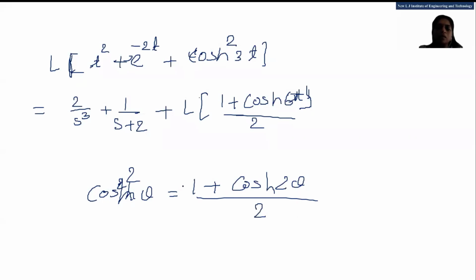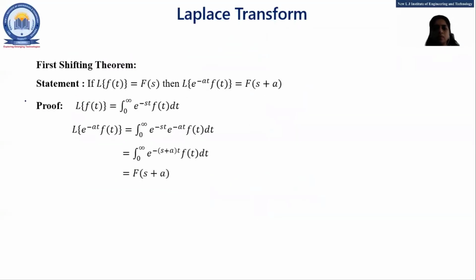Okay. So the second topic is, students, the first shifting theorem, and it is the most important topic, as it is the basis of the Laplace transform, and it is most important for our future and the next topics also.